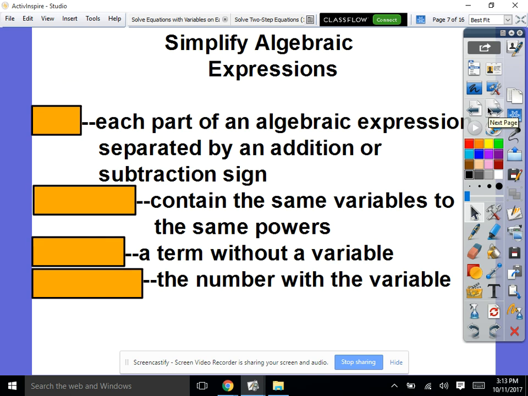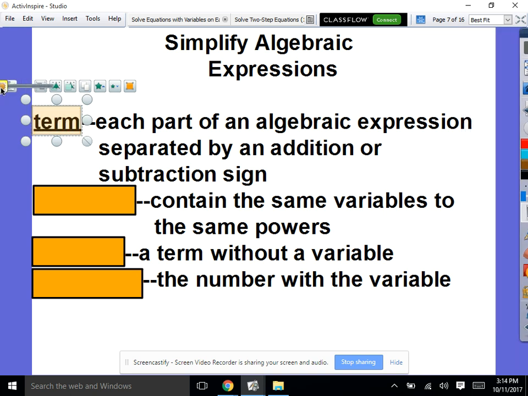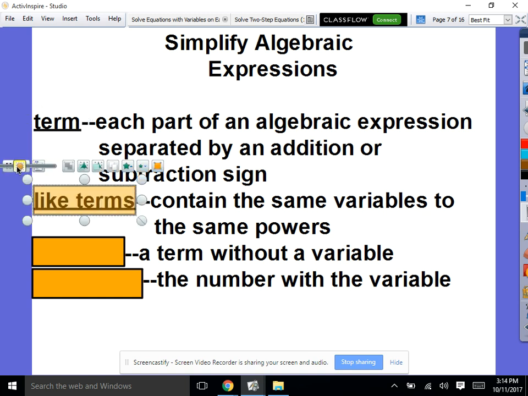All right, so our vocabulary to simplify algebraic expressions, which goes along with combining like terms. Each part of an algebraic expression separated by an addition or subtraction sign is a term, and we've seen this before in a previous lesson. Next we have like terms.